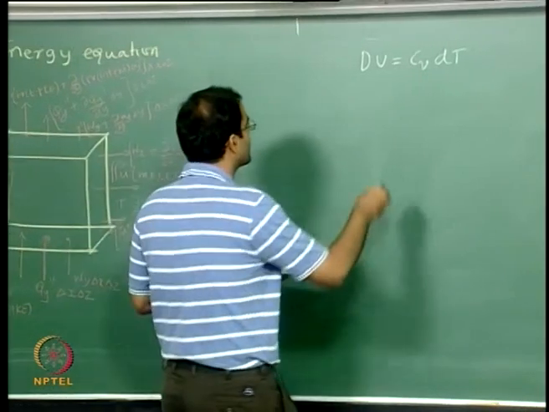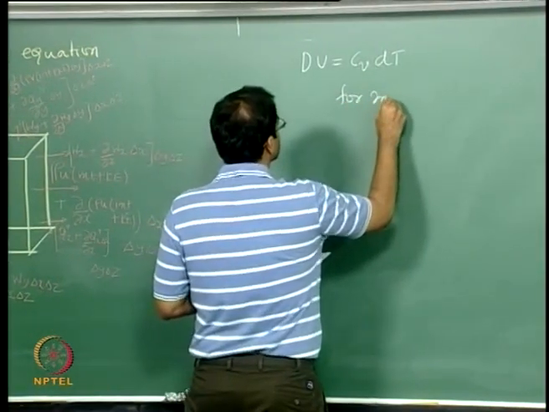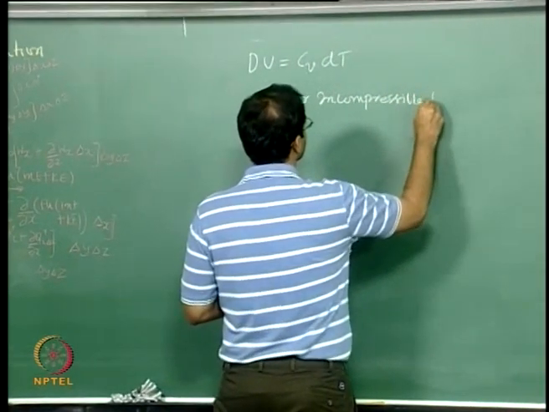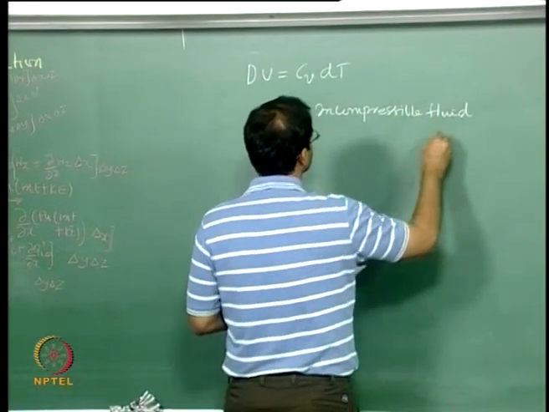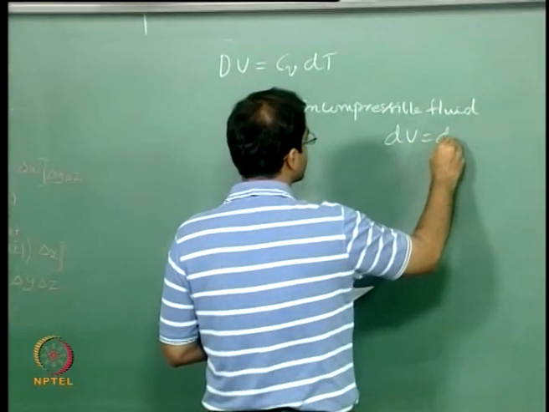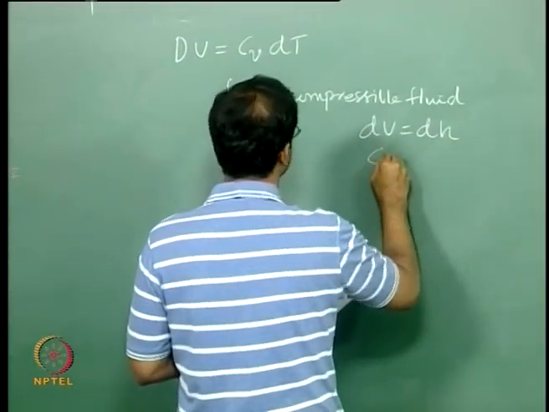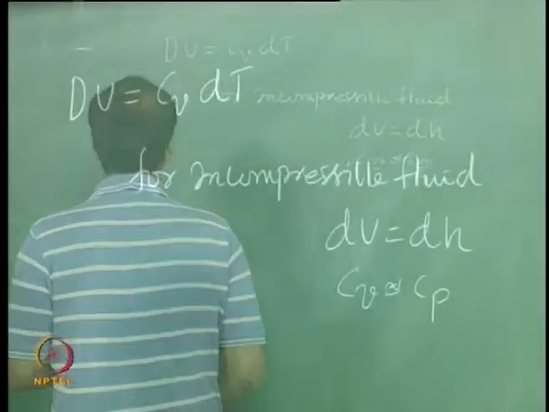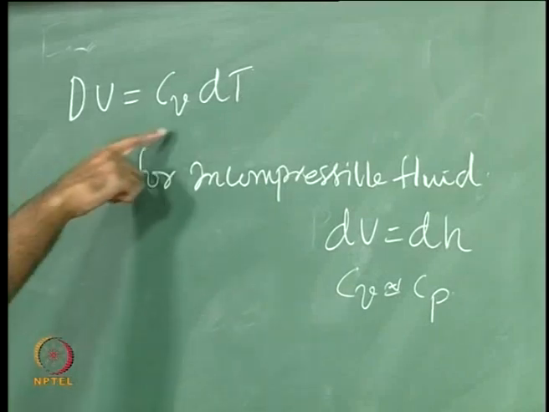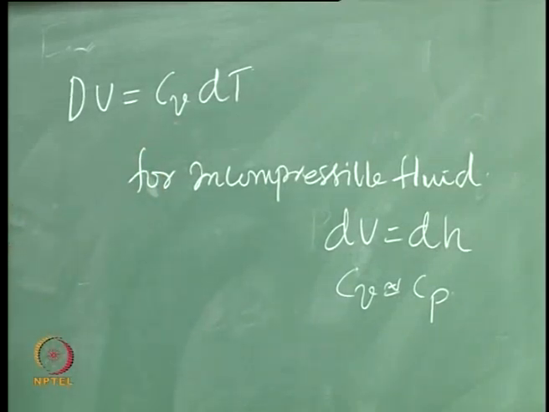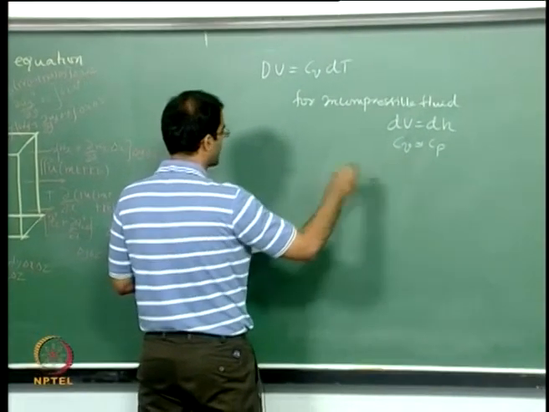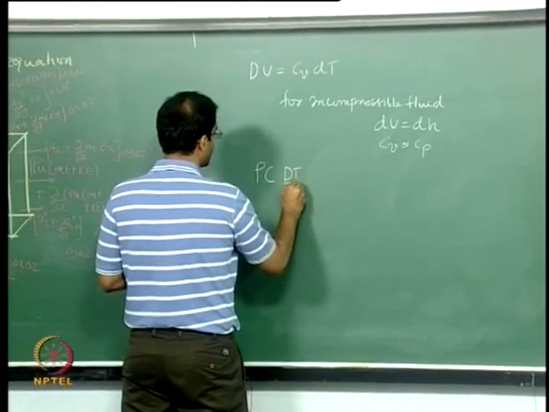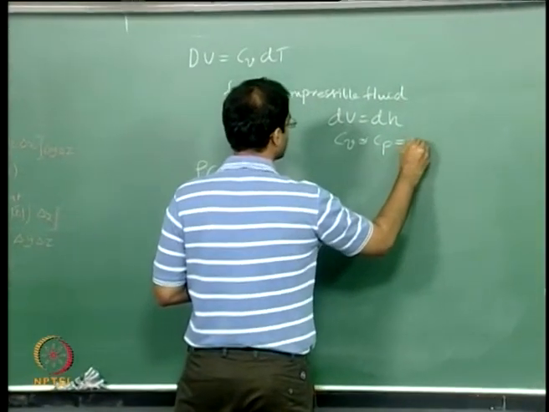So for an incompressible fluid, your du is the same as the change in enthalpy, therefore your Cv is approximately equal to Cp. So this is just one constant specific heat I can use for incompressible fluids, and therefore I can express that in terms of temperature. So I can write this as rho C dT by dt.